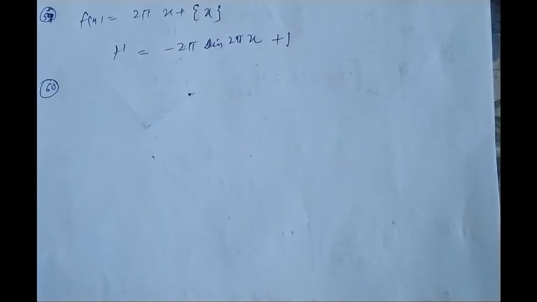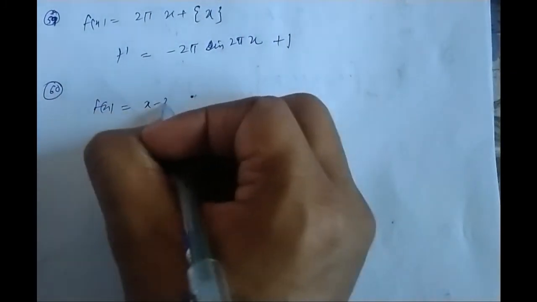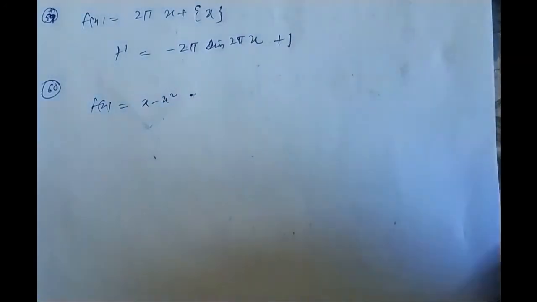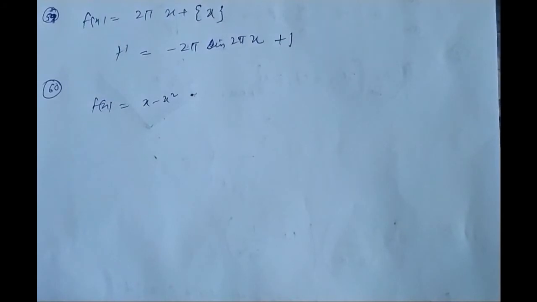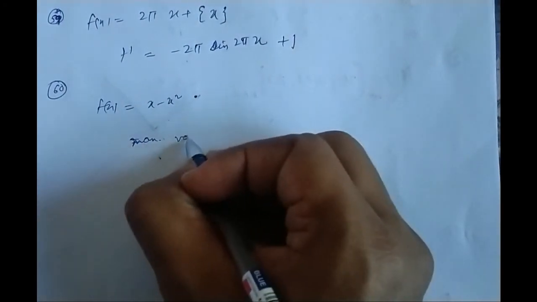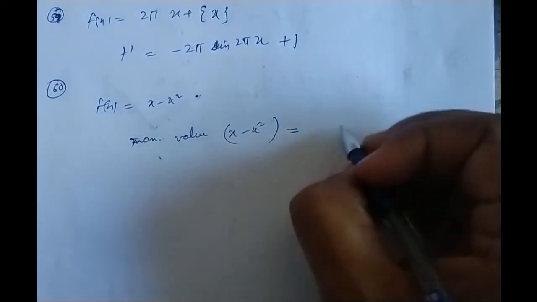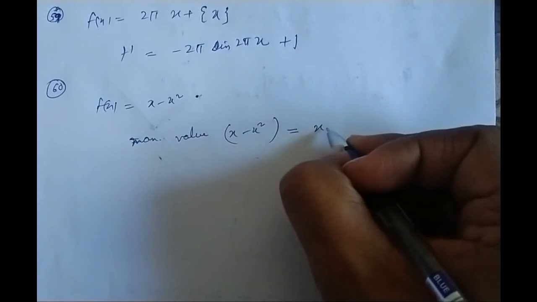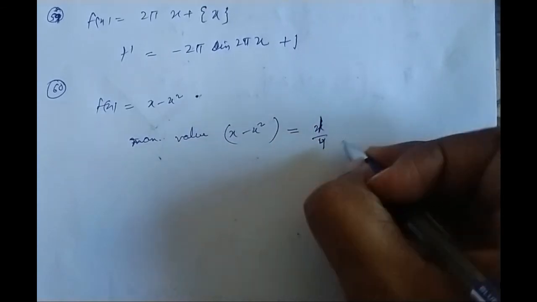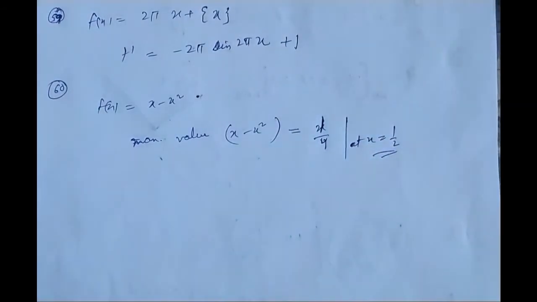Okay, so if f(x) is equal to x minus x square, where x1 and x2 belong to 0 to 1, then the maximum value of x minus x square occurs at x is equal to half, and the maximum value would be 1 by 4.